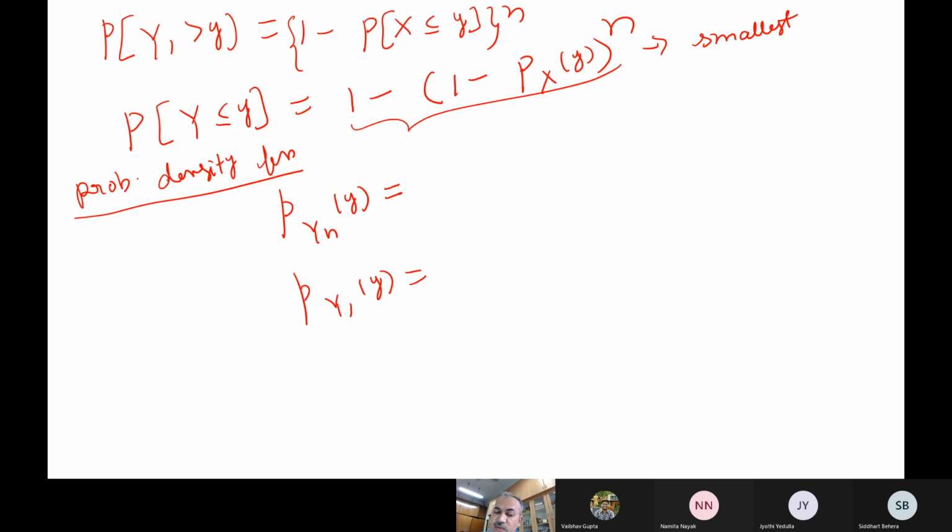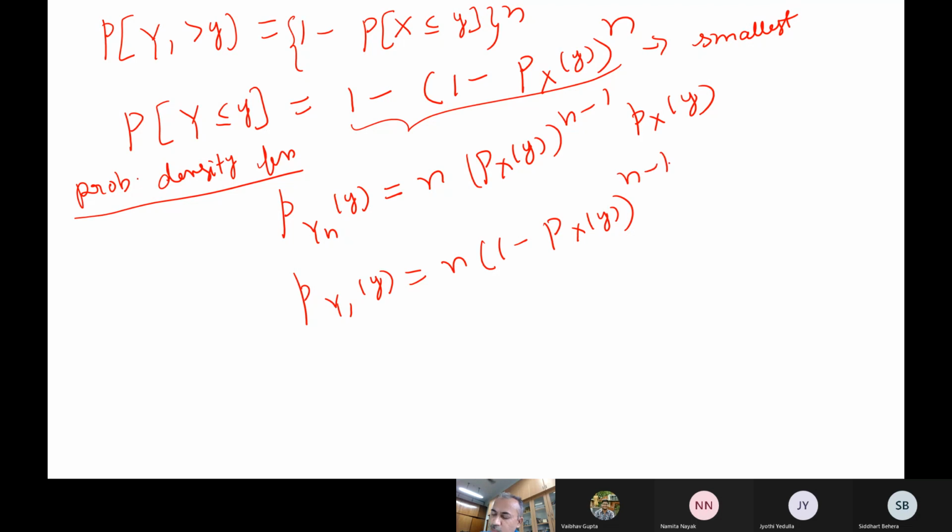So the first one will be n times P_X(y) whole to the power of n minus 1 times p_X(y). This is for the largest value. And this will be n times 1 minus P_X(y) whole to the power of n minus 1 times p_X(y). This is for the smallest value. You followed? So these are the densities.